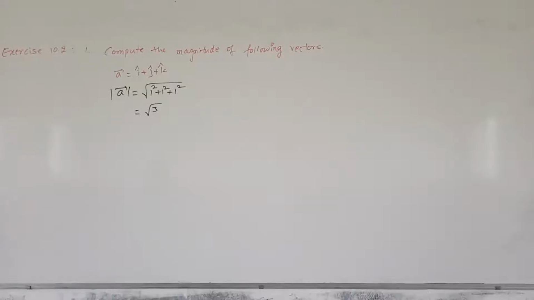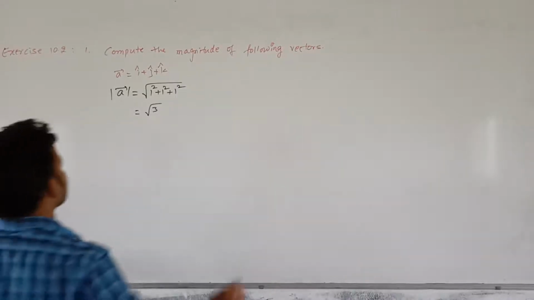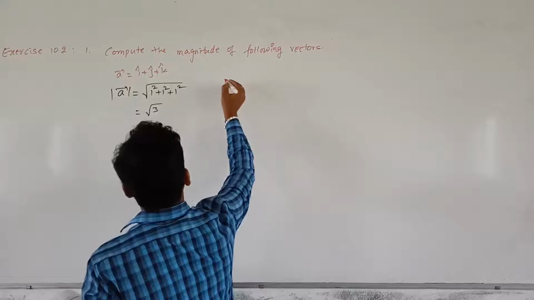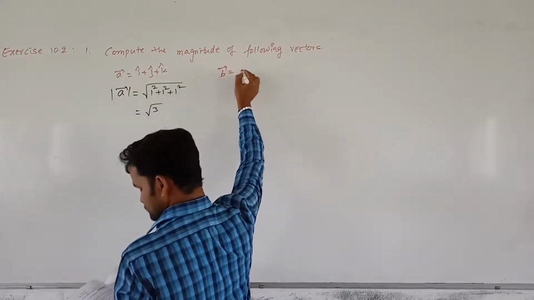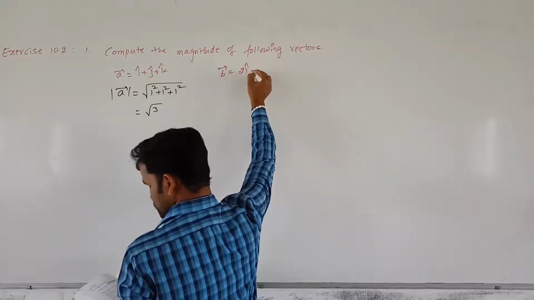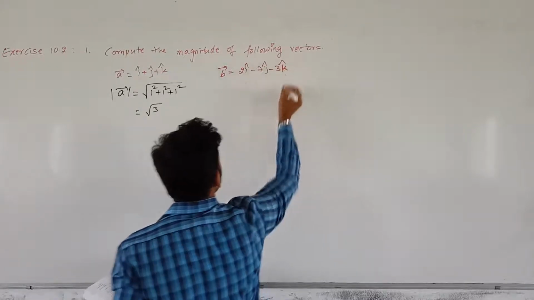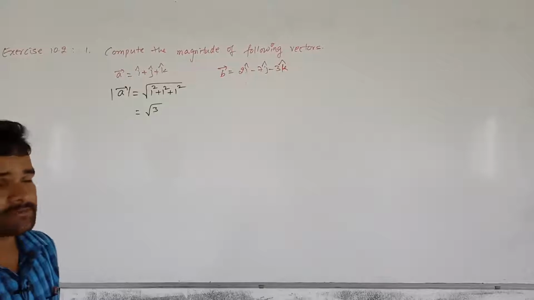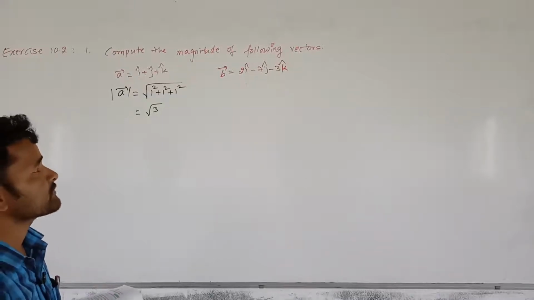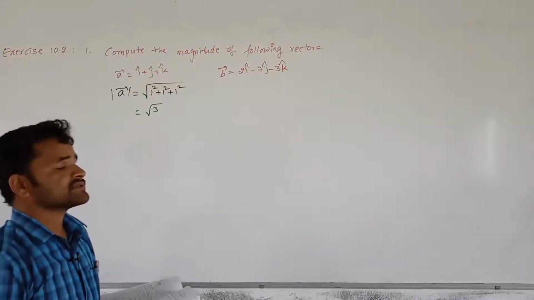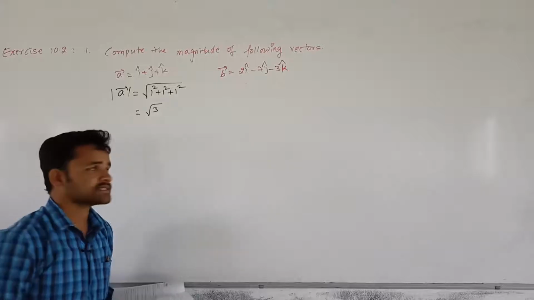Very simple it is. In the same way, they have given you two more vectors. Vector B is 2i minus 7j minus 3k. I hope you will solve this. Magnitude of vector B is equal to the square root of 2 square plus 7 square plus 3 square.